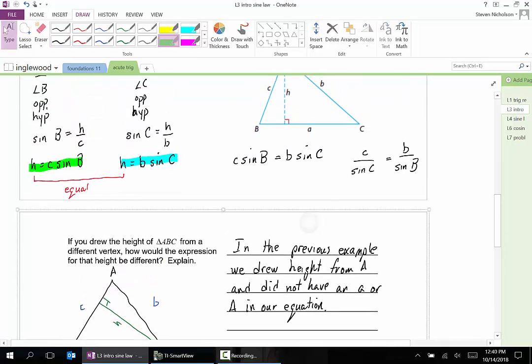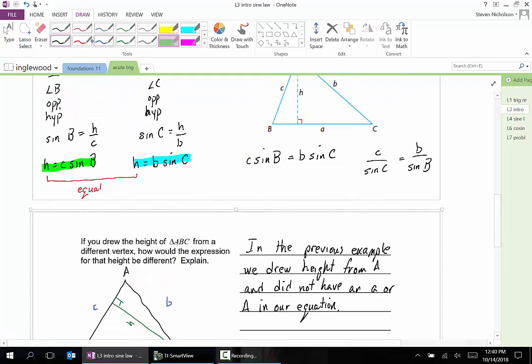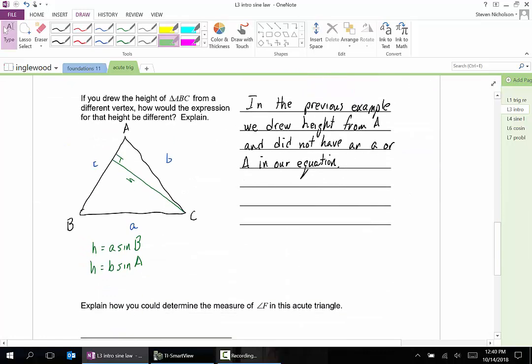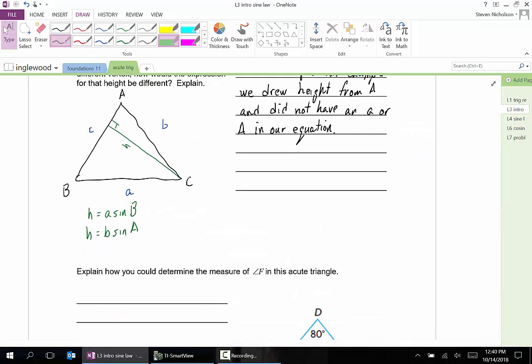This is what I mean. When we dropped it from A, it doesn't matter which form we look at, you don't have a little a or a big A.